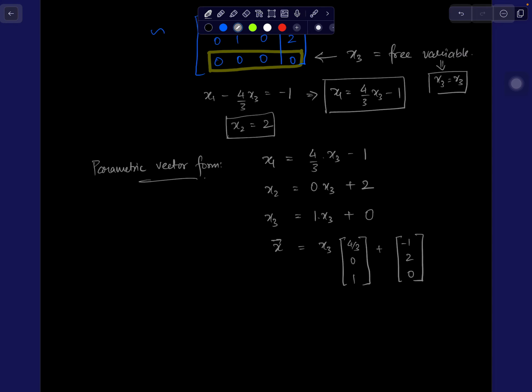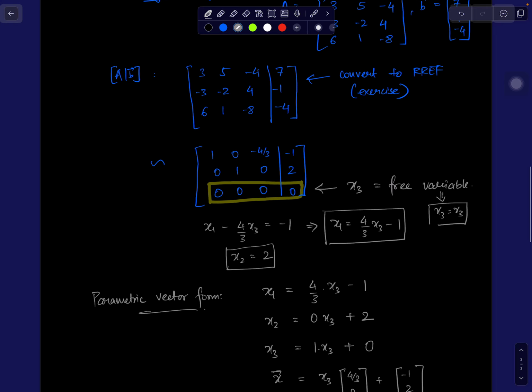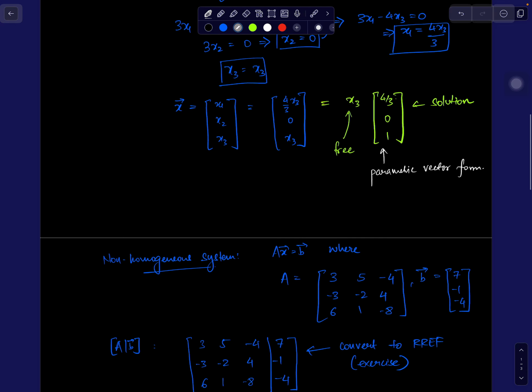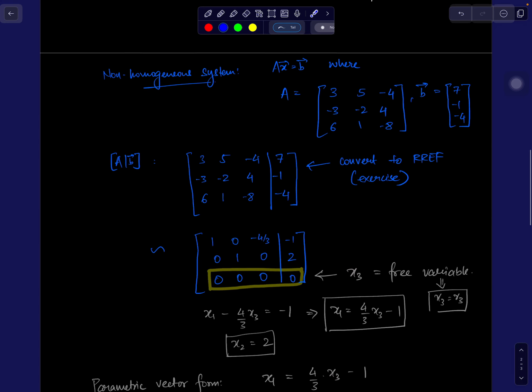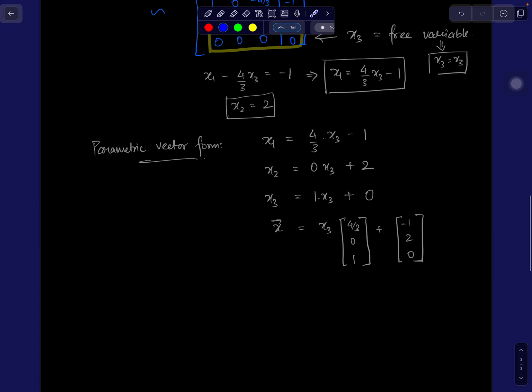Okay, so what do you observe with your solution over here? If you closely observe, you already had x3 times 4 over 3, 0, 1. That was the solution to the homogeneous version of this system. So I still get that, and then there is this extra part.